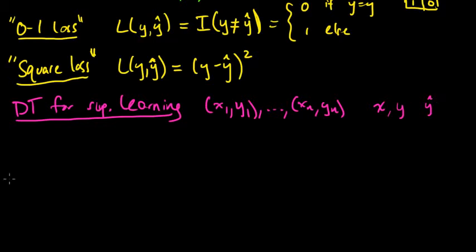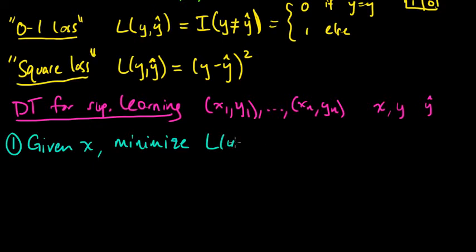So let's think about what decision theory has to say about this. Let's think about two cases. First, case 1. Let's say we're given a particular x, like I mentioned here. We're always given our data. Now let's suppose we're given some x and we have to predict a y for that x. And thinking about decision theory, what y should we predict?